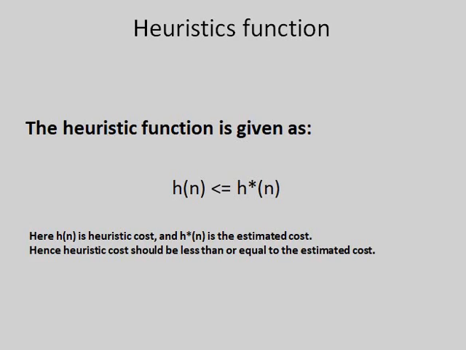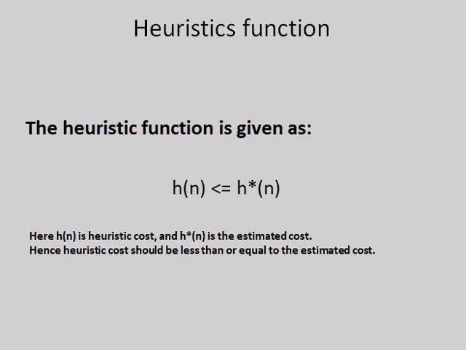In this kind of search technique, we maintain two lists: one is an open list and another one is a closed list. In the closed list, we place the nodes which are already expanded, and in the open list we place the nodes which have not yet been expanded.